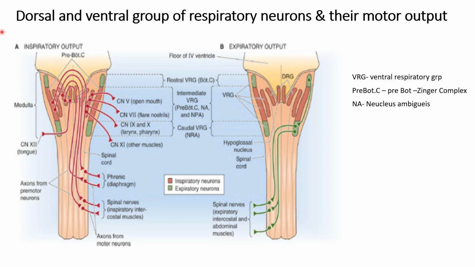Now, what are the motor outputs of this dorsal and ventral group of respiratory neurons? First we are going to discuss the inspiratory neurons. As we have seen, this is the VRG and this is the DRG. First, we are coming from the DRG. There is an inspiratory group of neurons.